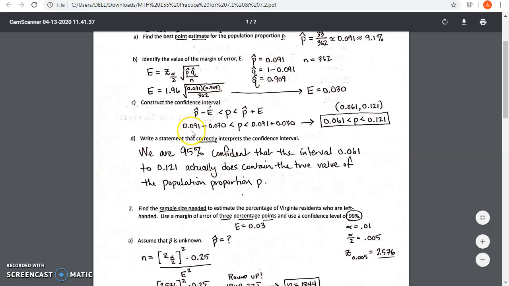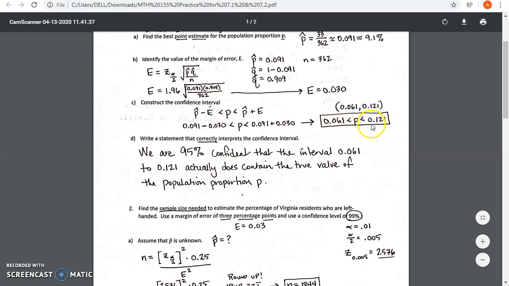And then you take the p hat and subtract the error, and that gives you the left bound. So then you put your population proportion in between. When you do the math here, you get 0.061 is less than the population proportion, which is less than 0.121. So this is what we call the confidence interval.